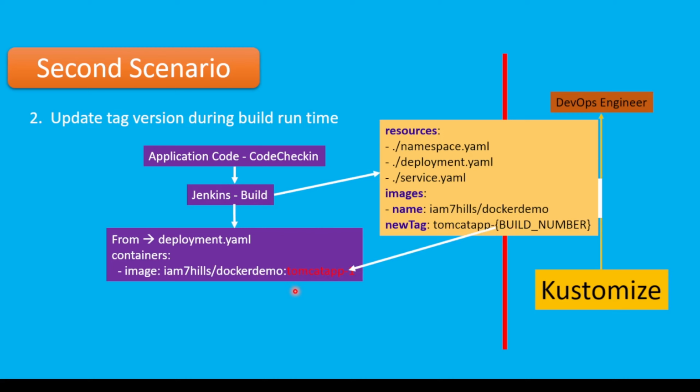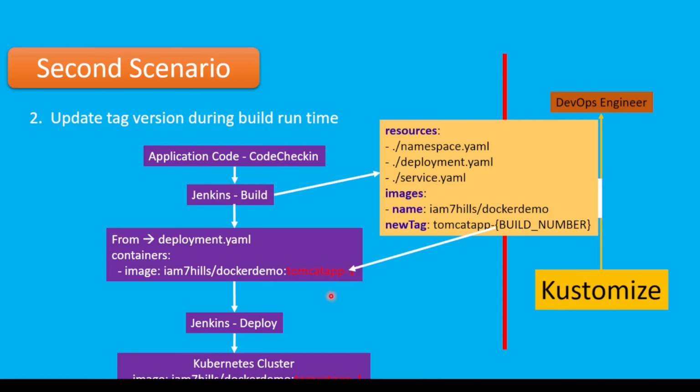And with that, the build process will complete. Then you need to apply this manifest file into the Kubernetes cluster by using the Jenkins deploy command, the kubectl apply command. When you run that kubectl apply command on that customization file, you will have the new manifest file.